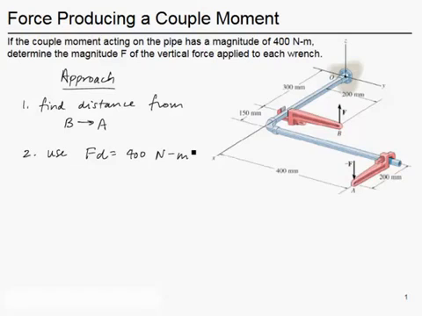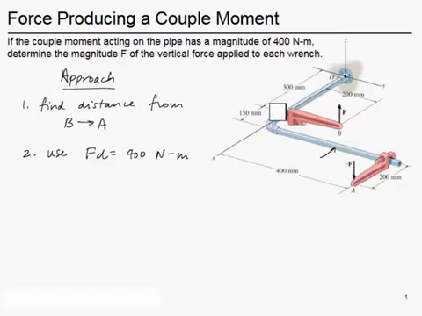No matter which point we're looking at, whether it's point O or some other point on the structure, say there or there, the moment occurring at those points is all the same, because a couple moment is a free vector that operates at all of these different points. And the reason it's a free vector is that the point from which we make the moment calculation doesn't matter, because of the equal and opposite nature of the forces.